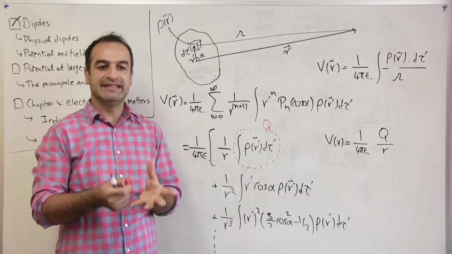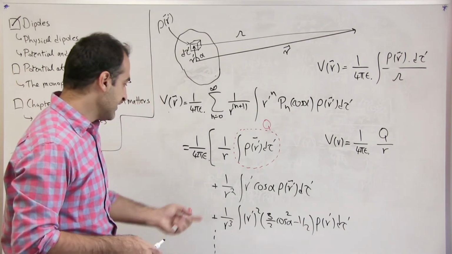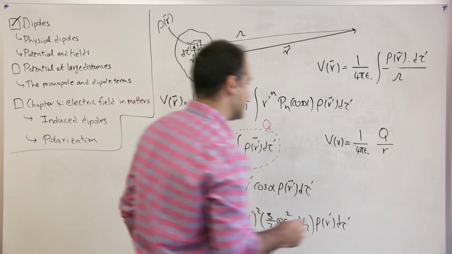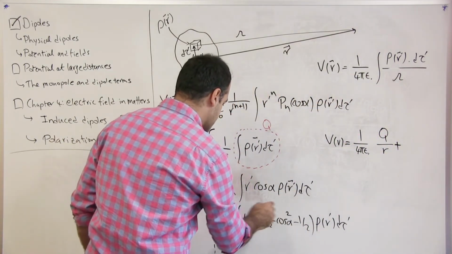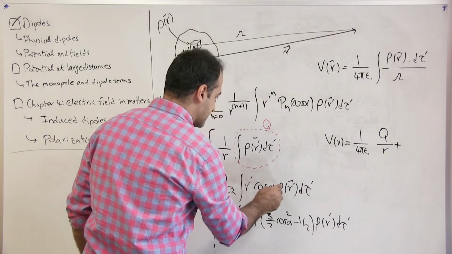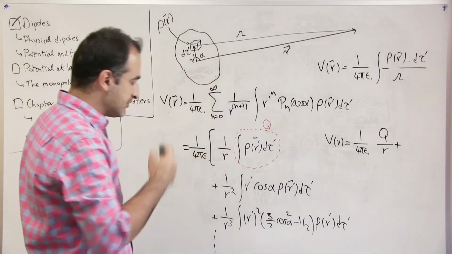Okay, so this is the leading term in the approximation. If you look at the second term, what we have is the whole term here, r prime cosine alpha times rho r prime.